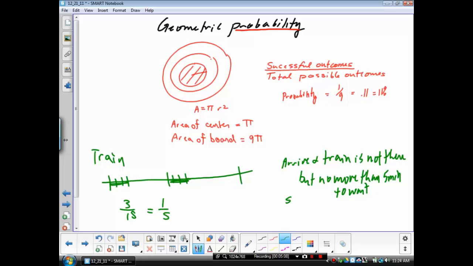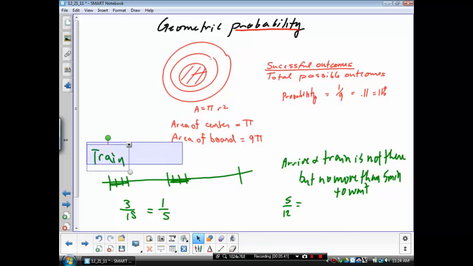On arrival when the train is not there. How many minutes is the train not there? 12. So 5 out of 12 then, because now it's just 12 possible outcomes. I might leave it like that because I don't know exactly what decimal that is. I have a 5 out of 12 chance. A little less than 50%. 6 out of 12 is 50%. Right? Okay, so I have a 5 out of 12 chance.